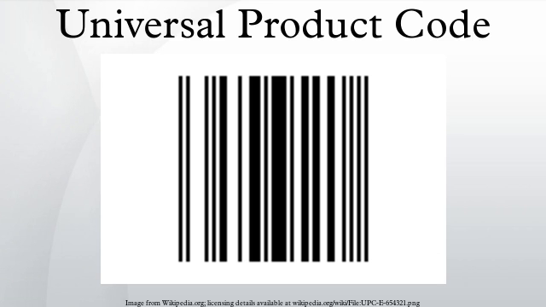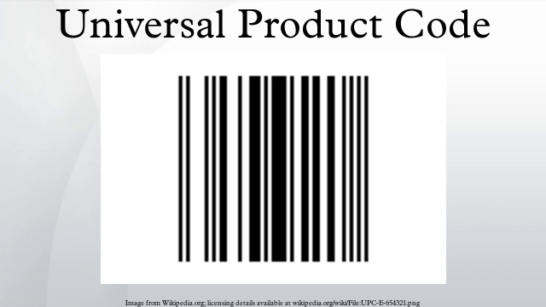For UPC-E, 10 possible values per digit times 2 possible parities per digit equals 20 permutations per digit, and 6 digits equals 64 million.